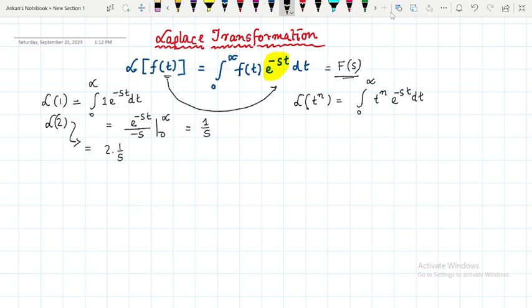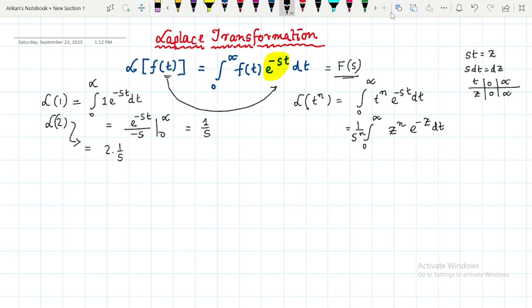So how can we integrate? Let us change the variable st to another variable z, so that dt will be dz by s. The limits remain identical: at t equal to 0, z is 0; at t equal to infinity, z is infinity. So the limits become the same, but the variable t changes to z to the power n times 1 by s to the power n, e to the power minus z dz.